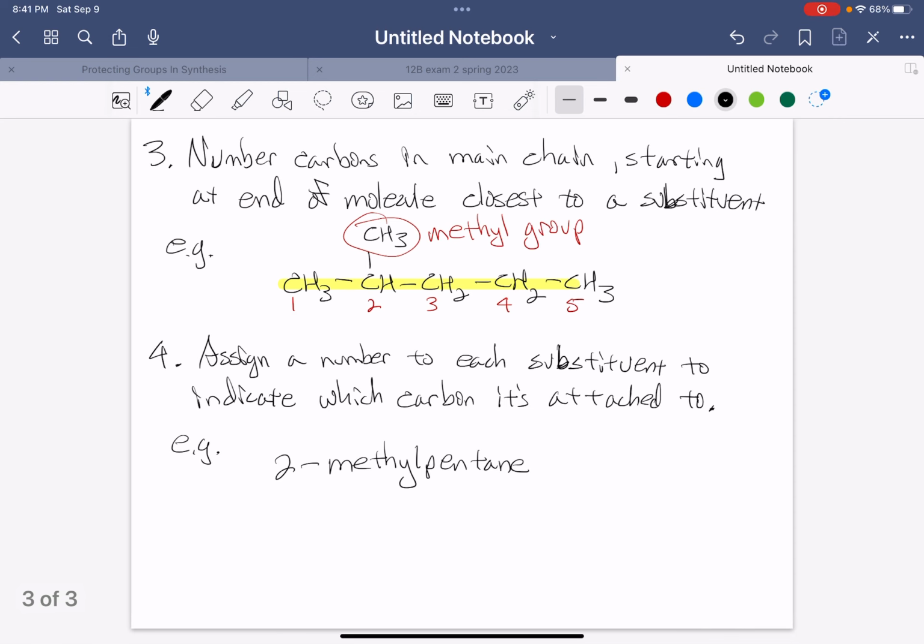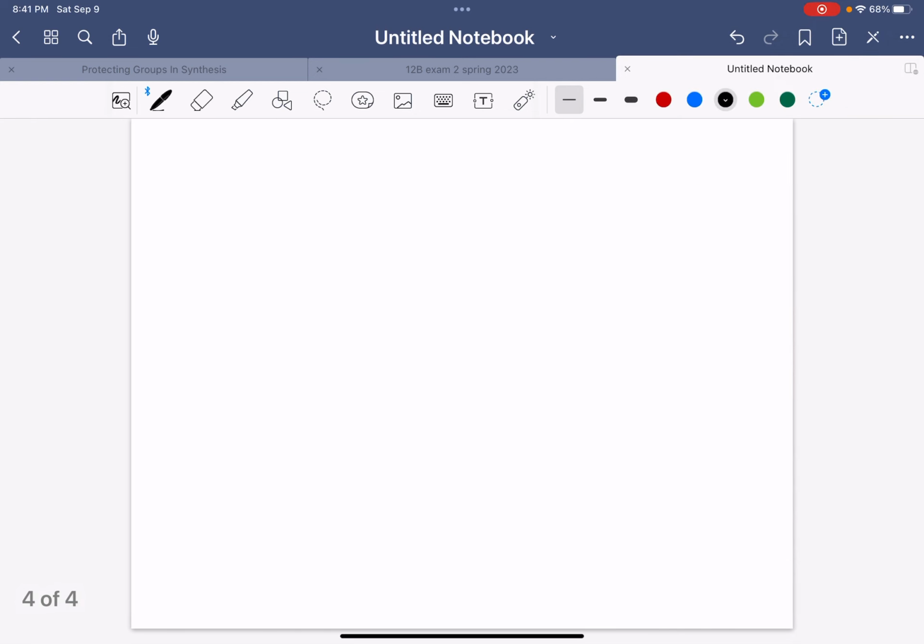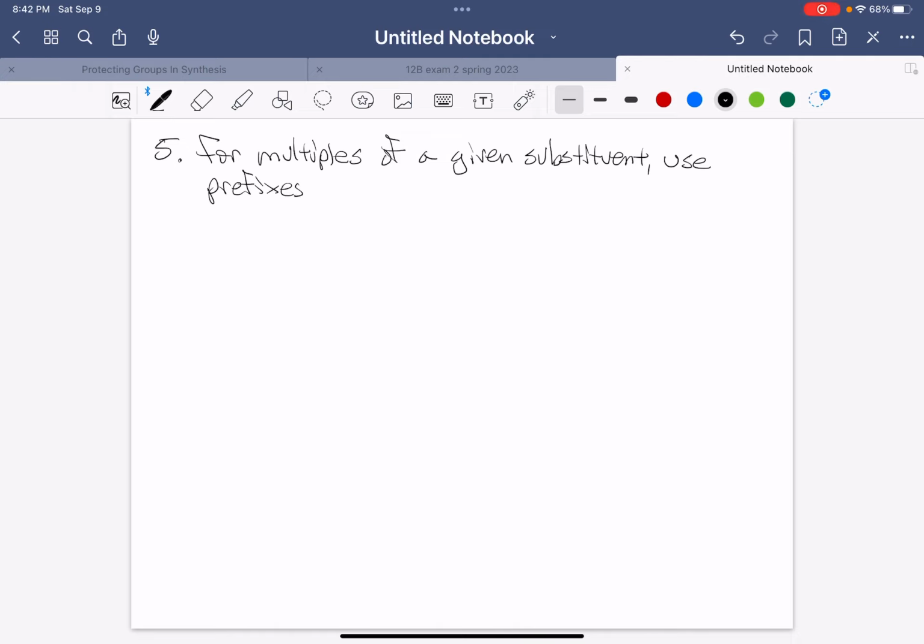Oops, let me add a page. So for multiples of a given substituent, we're going to use prefixes.